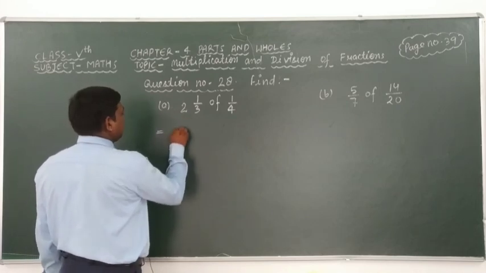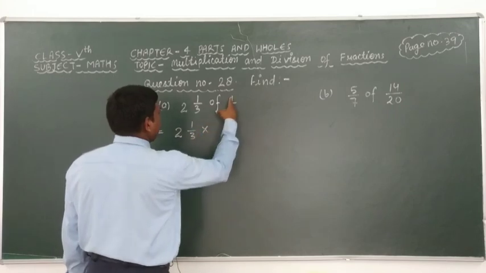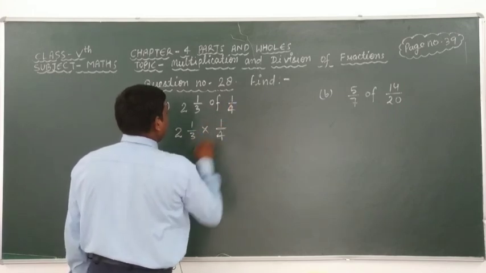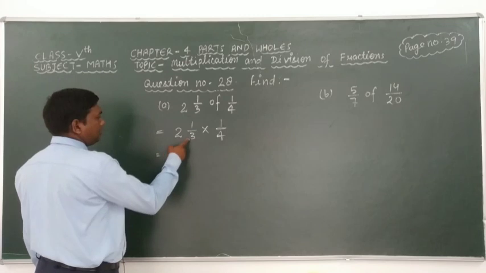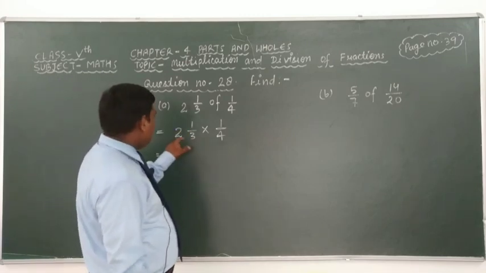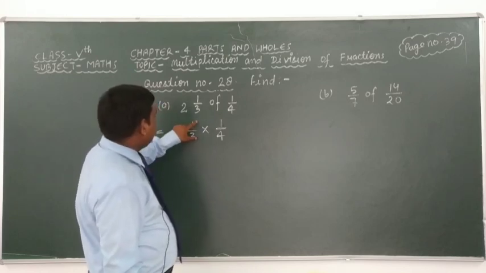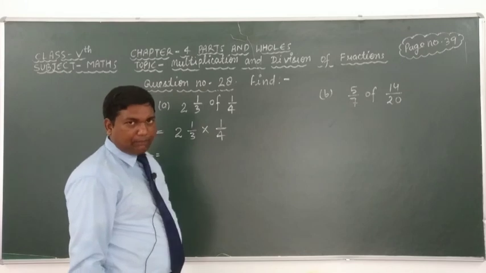Firstly we can write 2 mixed 1 over 3 multiplied by 1 over 4. Here a mixed fraction is given, therefore we have to change this mixed fraction into an improper fraction.